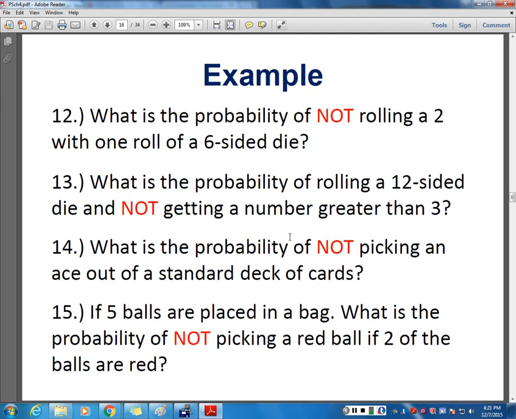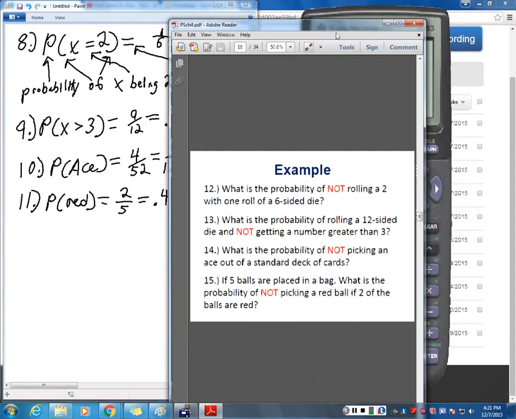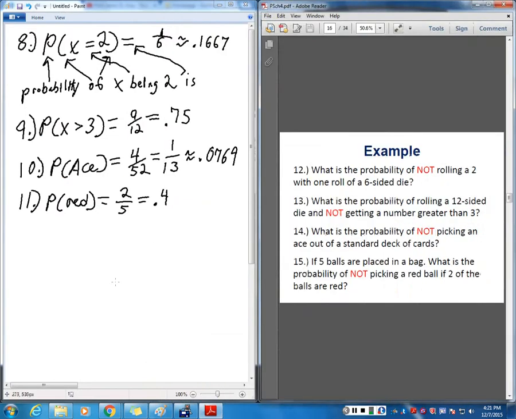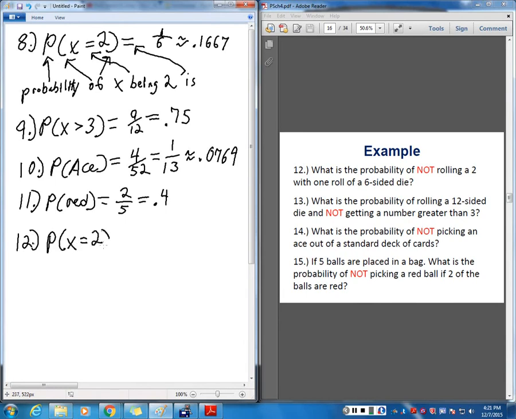So for number 12, what's the probability of not rolling a 2 with one roll of a 6-sided die? Well, earlier in number 8, we found the probability of rolling a 6-sided die and getting a 2. So for number 12, we want the probability of the complement. I put a bar over x equals 2 to show I'm finding the complement.